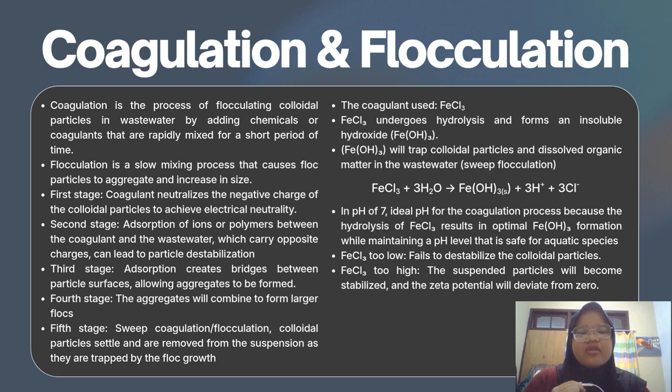If the ferric chloride dose is too low, it will fail to destabilize the colloidal particles, and if it is too high, the suspended particles will become stabilized and the zeta potential will deviate from zero, so they begin to repel each other again. Even though the charge has flipped, the result is the same as before you added any coagulant.